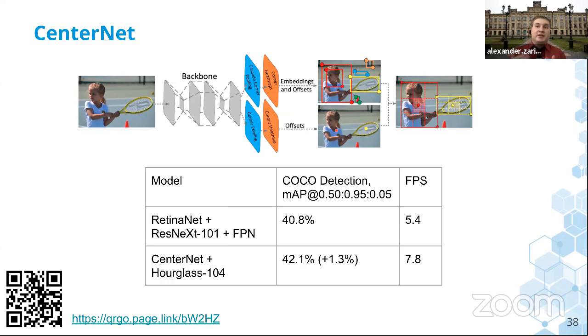So theoretically, anchor-free approaches are more robust to input distributions and can easily transfer from one distribution of bounding boxes to another without any drops in performance. But today, this is an active area of research.